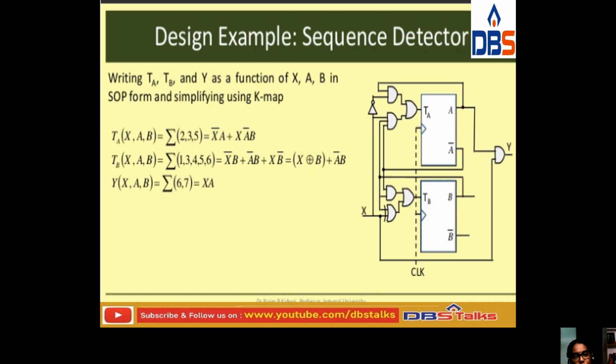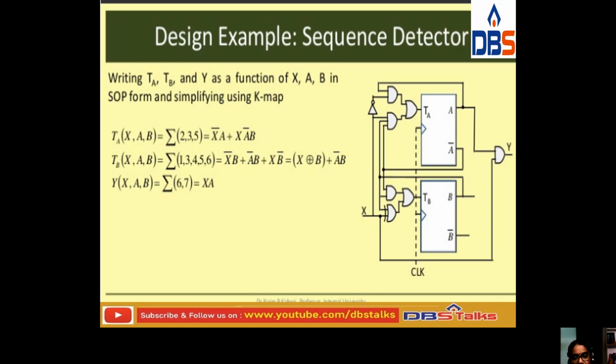So we get x bar a plus x a bar b, and the next one is at positions 1, 3, 4, 5, 6. By solving that expression, the combination we get is x bar b plus a bar b plus x b bar.